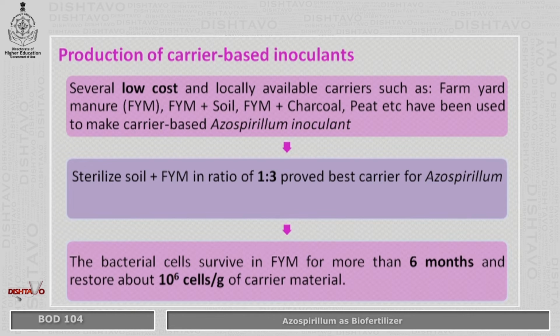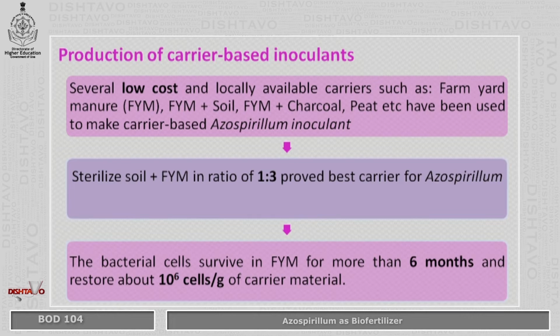Production of carrier-based inoculants. In order to produce carrier-based inoculants of Azospirillum, one needs carriers. Several low-cost and locally available carriers such as farmyard manure, soil, charcoal, peat, etc. can be used.